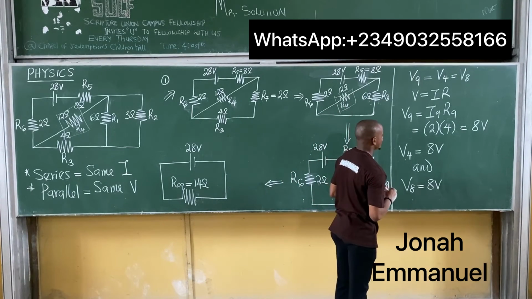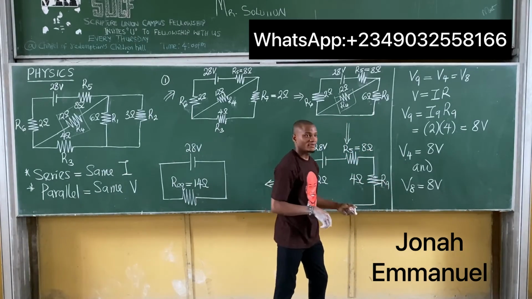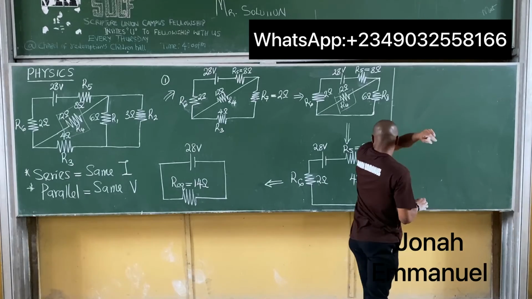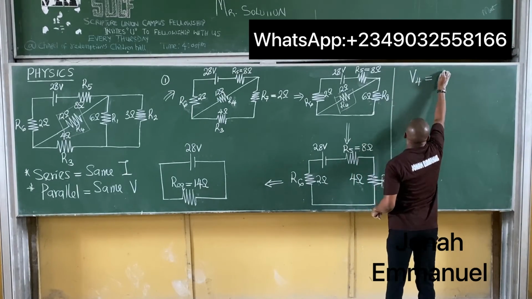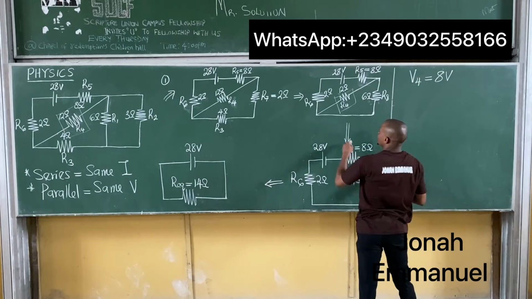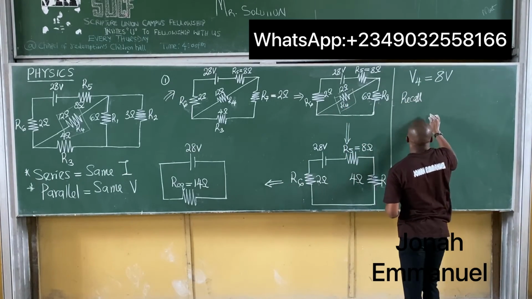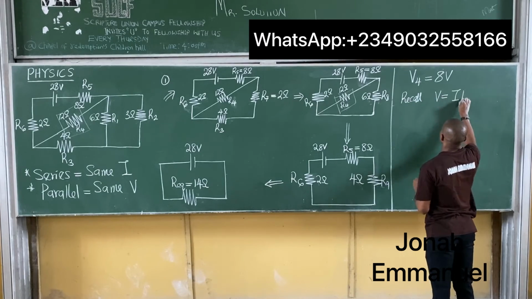Alright, so how do we do that? So we said V4 is equal to 8 volts. We have to find the current here. So recall that from Ohm's law, V is equal to IR.